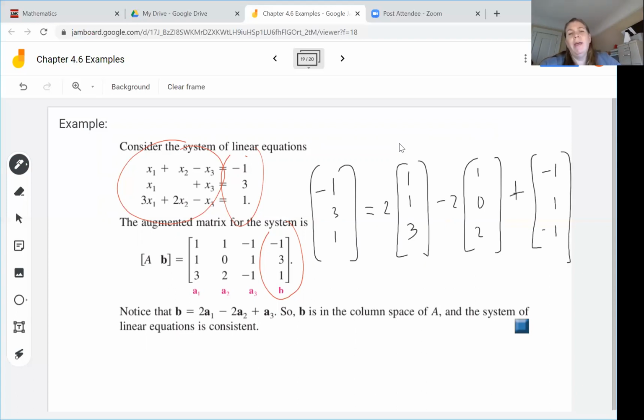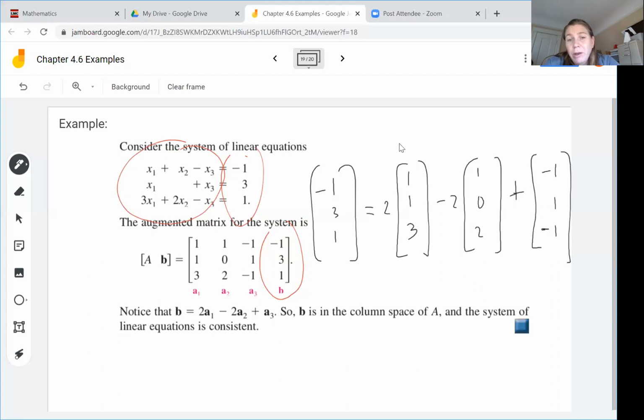We can check: 2 minus 2, that cancels out, and then plus a -1 matches our first value of b. For the second value of b, 2 times 1 is 2, minus 0, we're still at 2, plus 1 more is 3. And for our third value of b, the 1 here, 2 times 3 is 6, minus 4 from the 2 times 2, so we're at 2, and then minus the -1 over here, we get the 1 for the third value of b, so that checks.